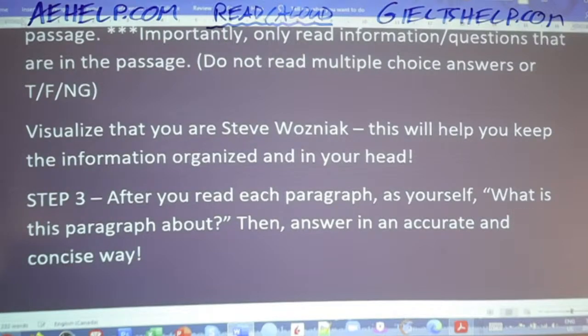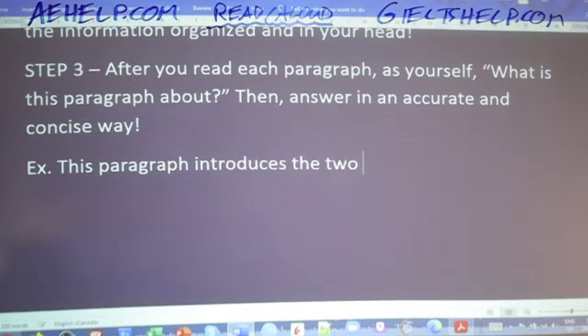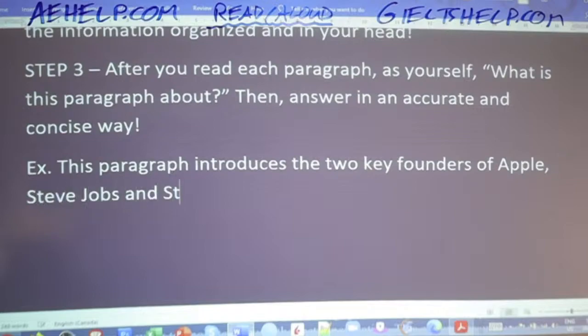Okay, concise meaning keeping it short. So the example here is this paragraph is about, this paragraph introduces the two key founders of Apple, Steve Jobs and Steve Wozniak, who is the brains and who is the face of Apple.